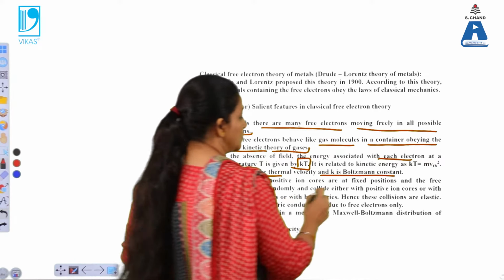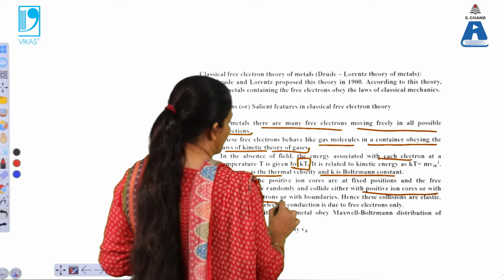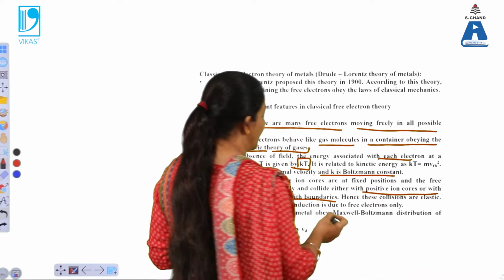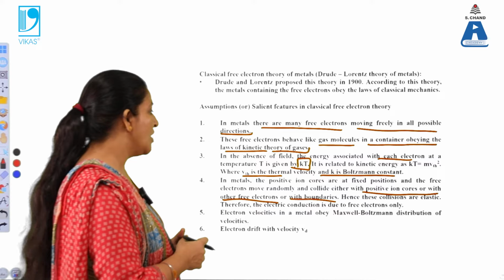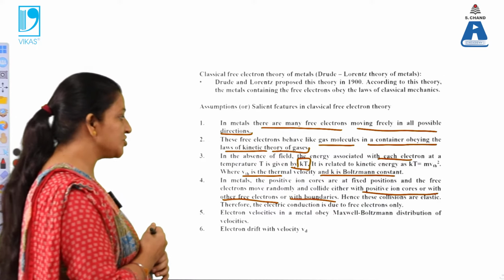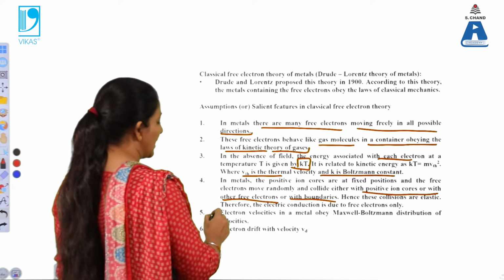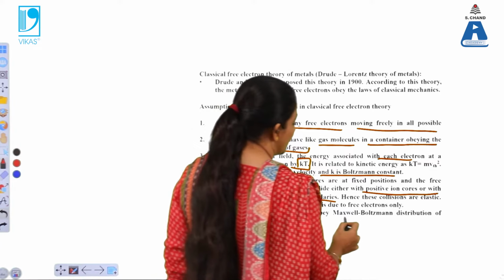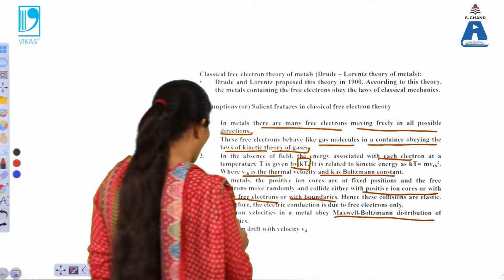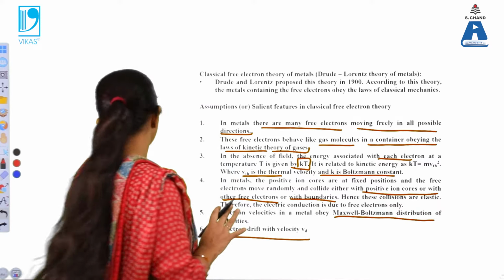The atoms, positive cores and other free electrons have random collisions with each other, and these collisions are elastic, therefore electric conduction is due to free electrons only. The fifth is that the electron velocities in metals obey the Maxwell-Boltzmann distribution law, and this velocity is known as the drift velocity.